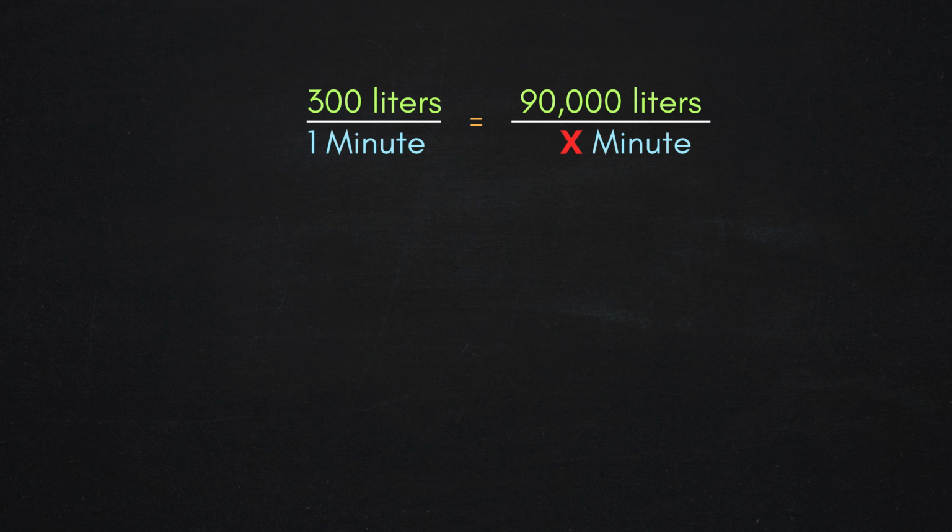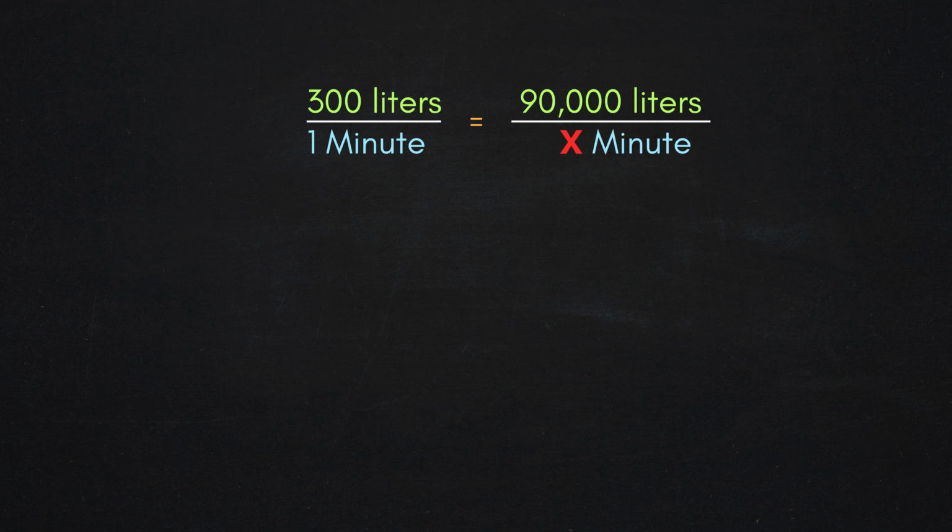We are equating these two ratios as the pump will take 1 minute for 300 liters and x minutes for 90,000 liters. Same pump, same speed, same ratios, right? Now from the proportion, we have an equation, and what we're trying to figure out is how many x minutes it will take to pump all 90,000 liters out of the pool.